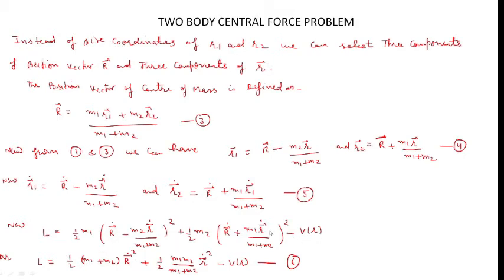If we solve this equation, we can find that the Lagrangian will be equal to 1 by 2 m1 plus m2 R dot square plus 1 by 2 m1 m2 upon m1 plus m2 r dot square minus V(r). Let us say it is equation number 6.